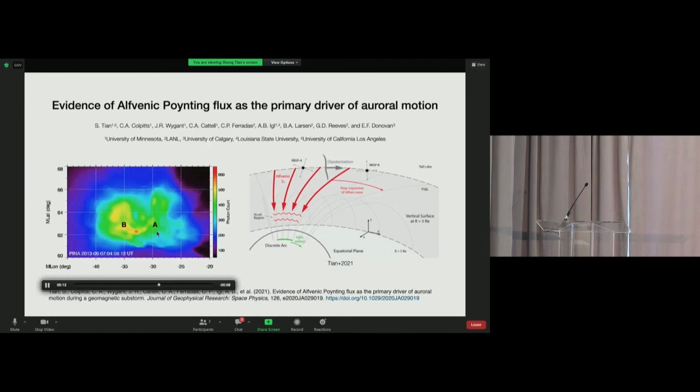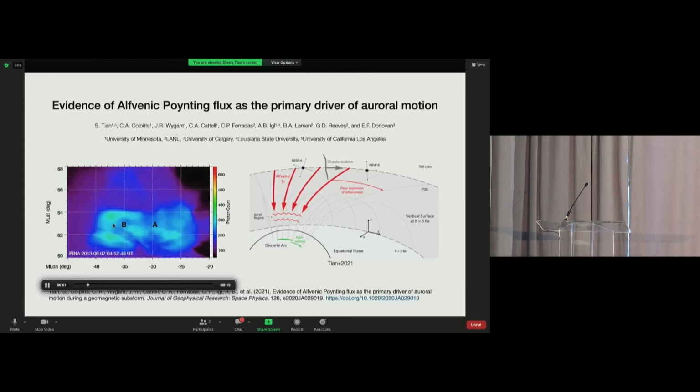Essentially, we have an arc developing westward, the so-called westward traveling surge, and then it expands poleward and also equatorward. And you see the letters A and B. That's where the two RBSP spacecraft map to the ionosphere. So you can see that they are right around the region where the aurora development was.